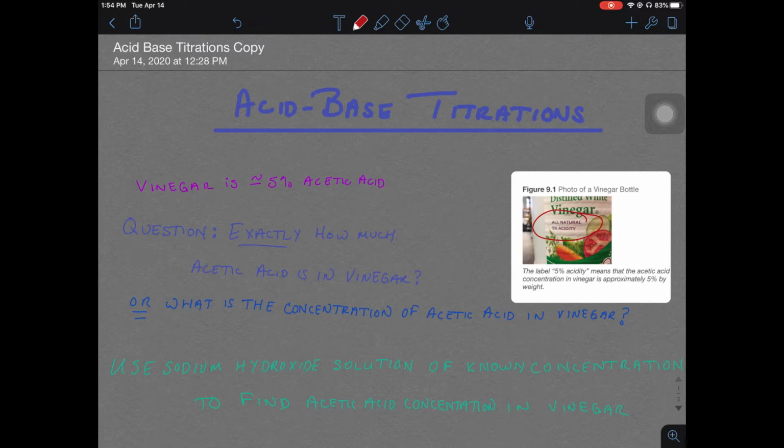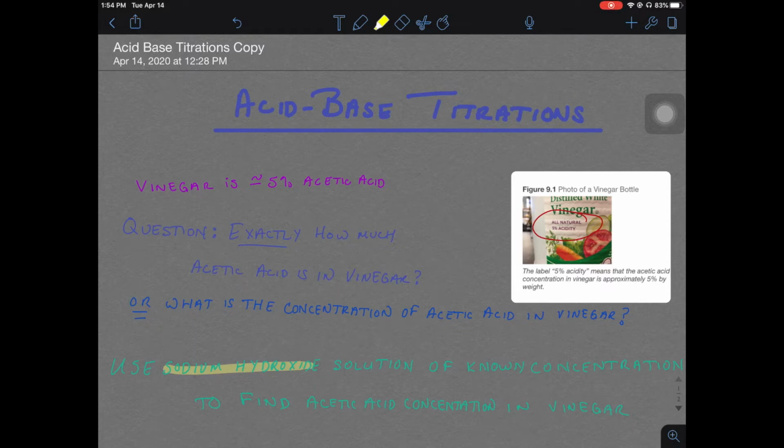Now, in order to find the concentration of acetic acid in vinegar, we need to have one solution where we're going to know its concentration exactly. So what we're going to be using is sodium hydroxide, and we're going to know its concentration exactly. And then we'll use that to determine how much acetic acid is in vinegar.